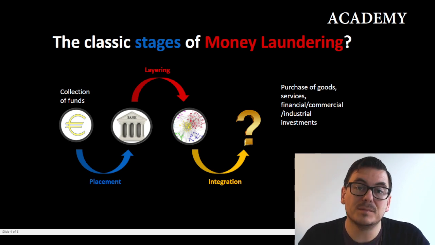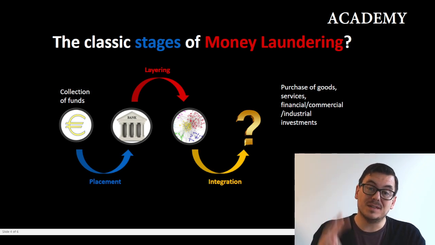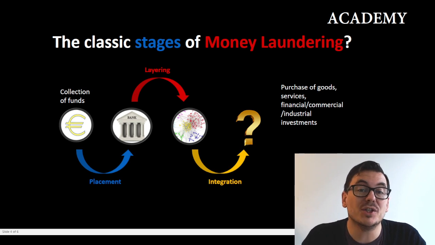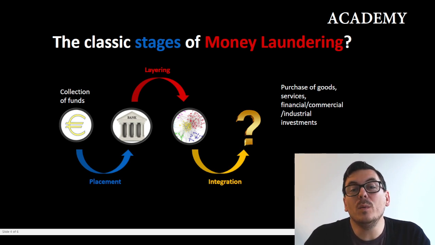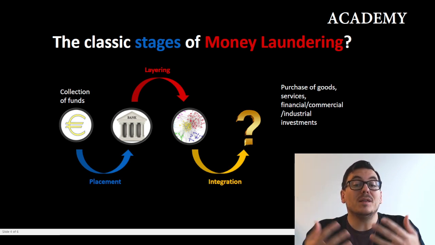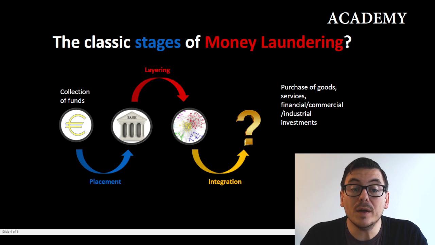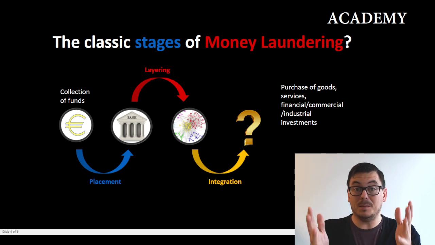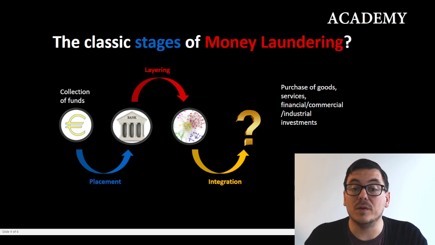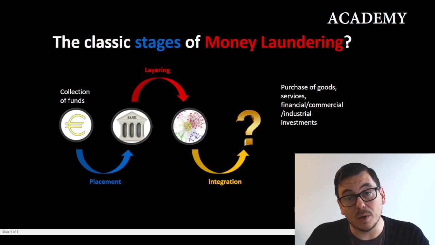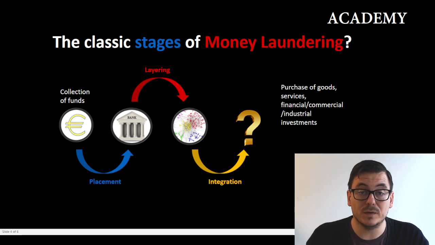The third stage of money laundering is integration. So when we've disguised the origin and layered our funds, we may integrate them into what we really want. The reason why we put them in the legal economy in the first place. That might be purchase of goods, services.